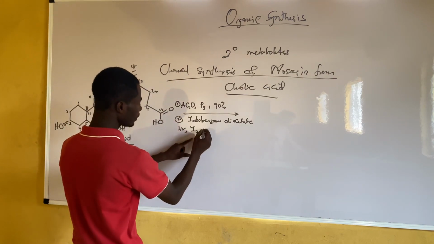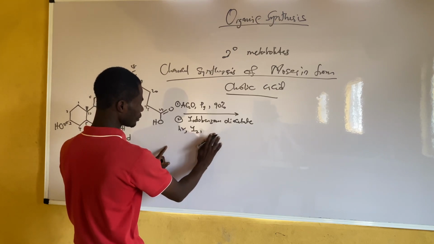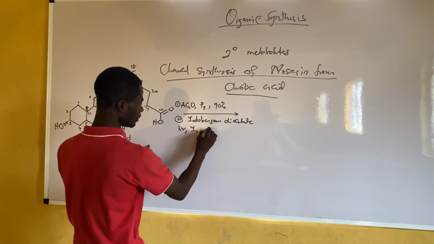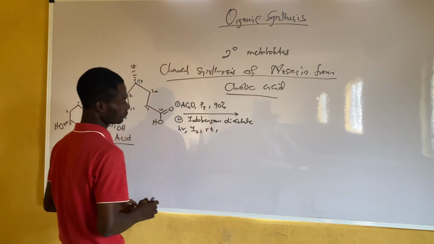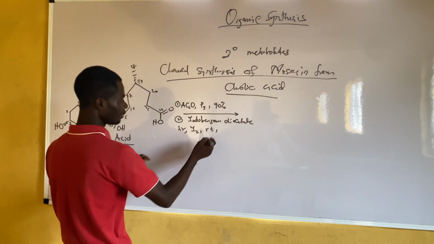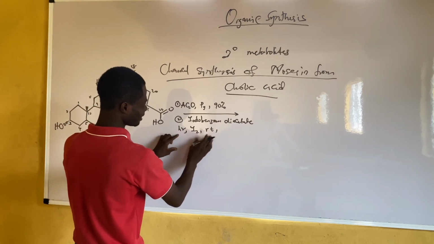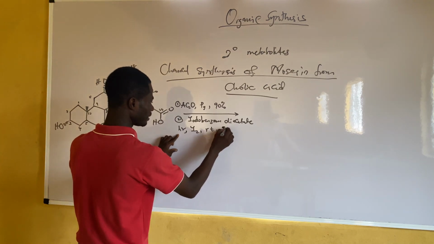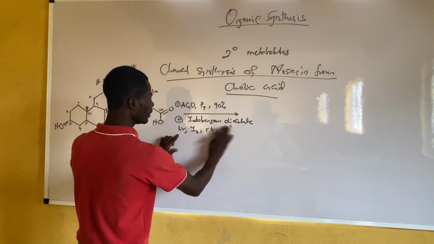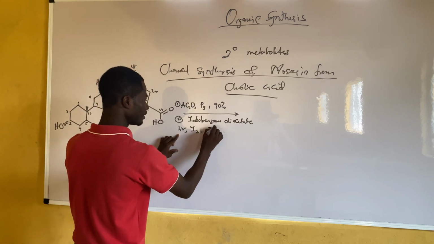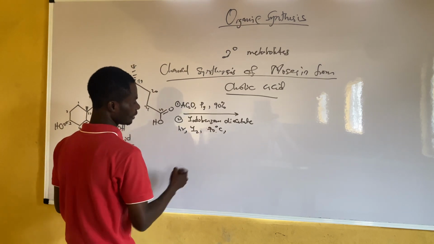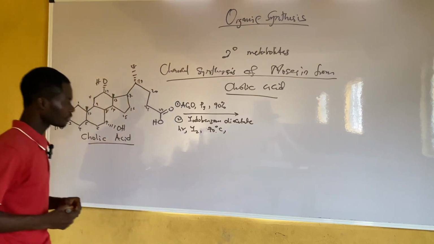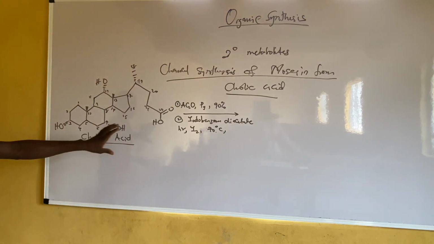The condition necessary for this is room temperature, with a yield of about 90%. This one is actually taking place at 70 degrees centigrade. So that is the condition.